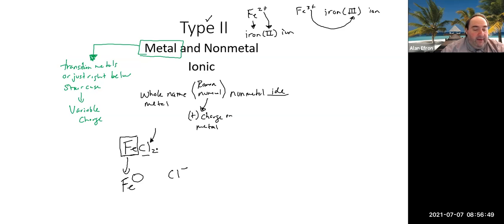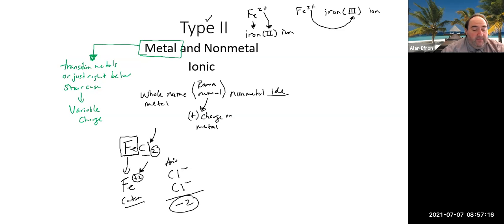And there's not one of them, but there are 2 of them, which means we basically have 2 of these guys. If we have a grand total there, adding up our negative part of it is -2. That means in order to balance this out, since there's only one iron present, the iron here would have to carry a +2 charge.